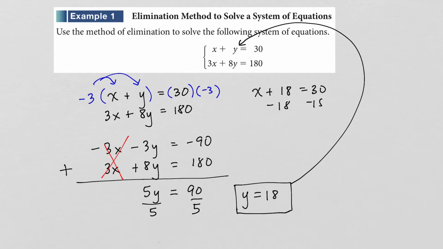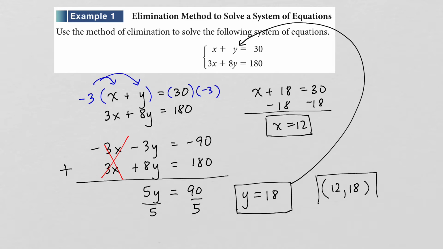And by subtracting 18 from both sides, we find out that x is equal to 12. So the solution is 12, 18. X equals 12, y equals 18. So these two lines meet in a single point, and we were able to find it. And this method is called the method of elimination.